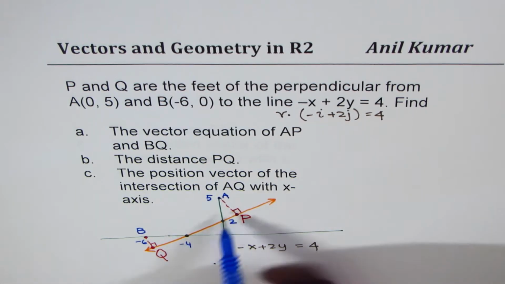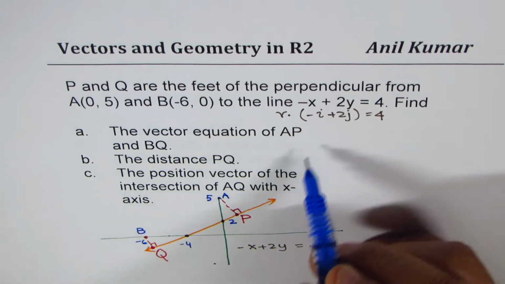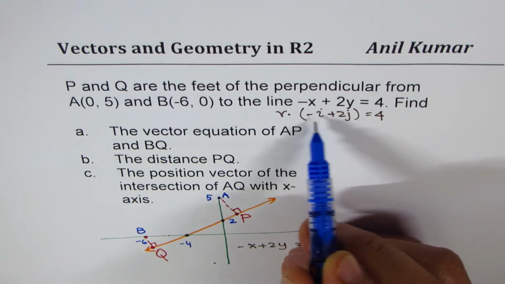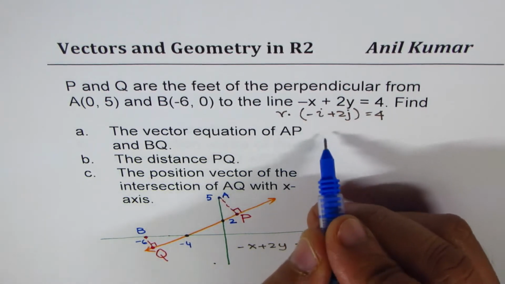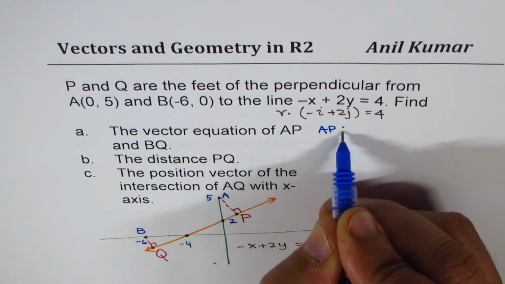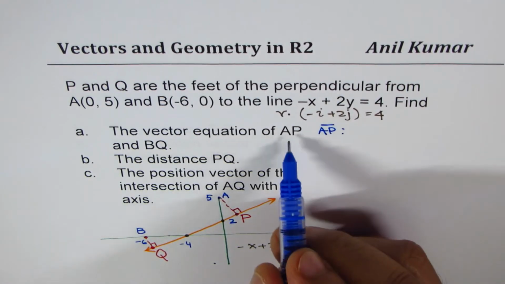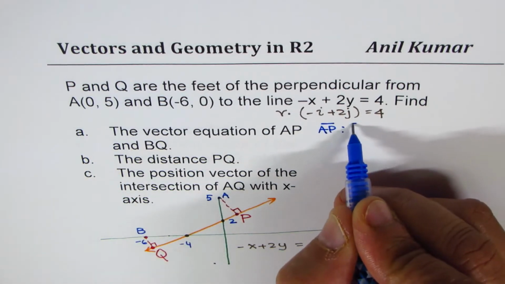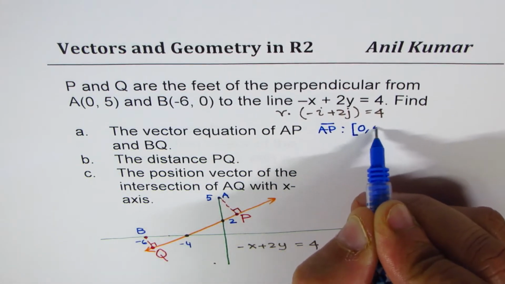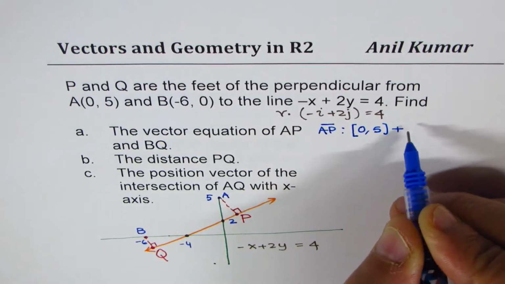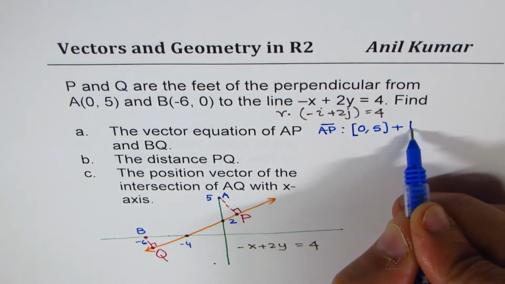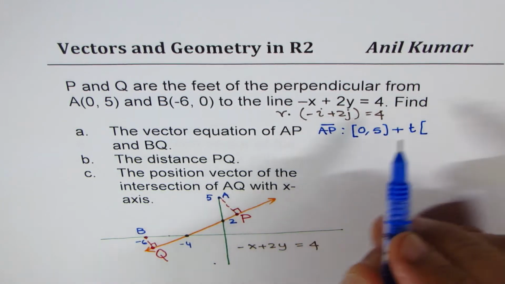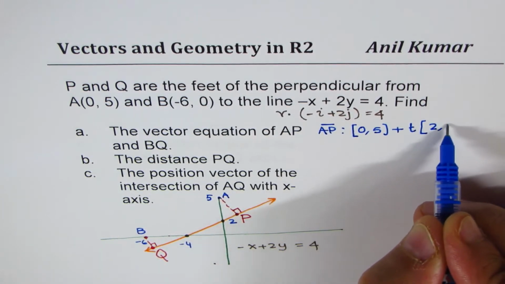AP and BQ are perpendicular to this line, and both are parallel to each other, so their direction will be (2, 1), they will switch. So the vector equation of AP is point A, (0, 5), as a position vector, plus t, a parameter, times the direction (2, 1).